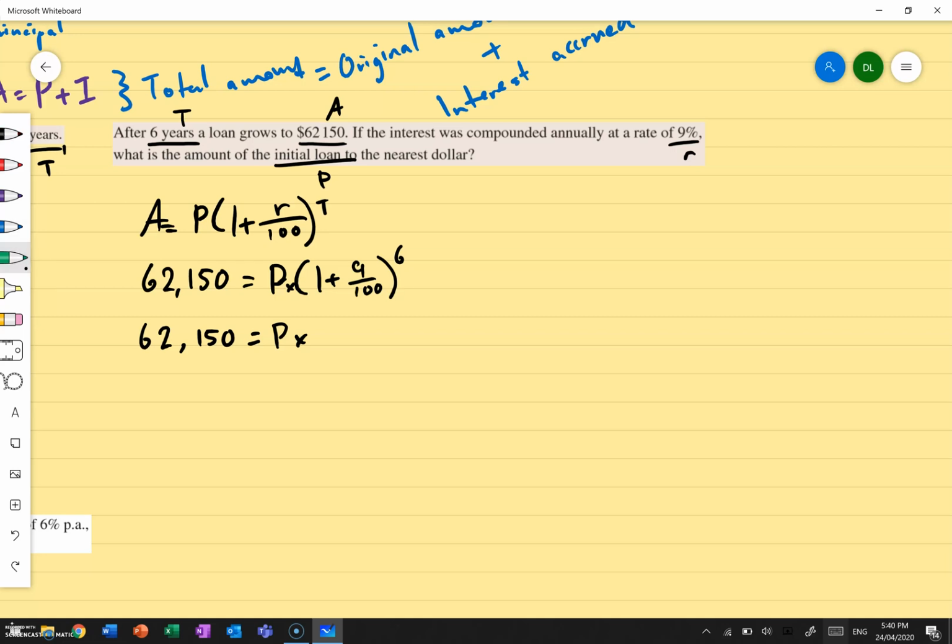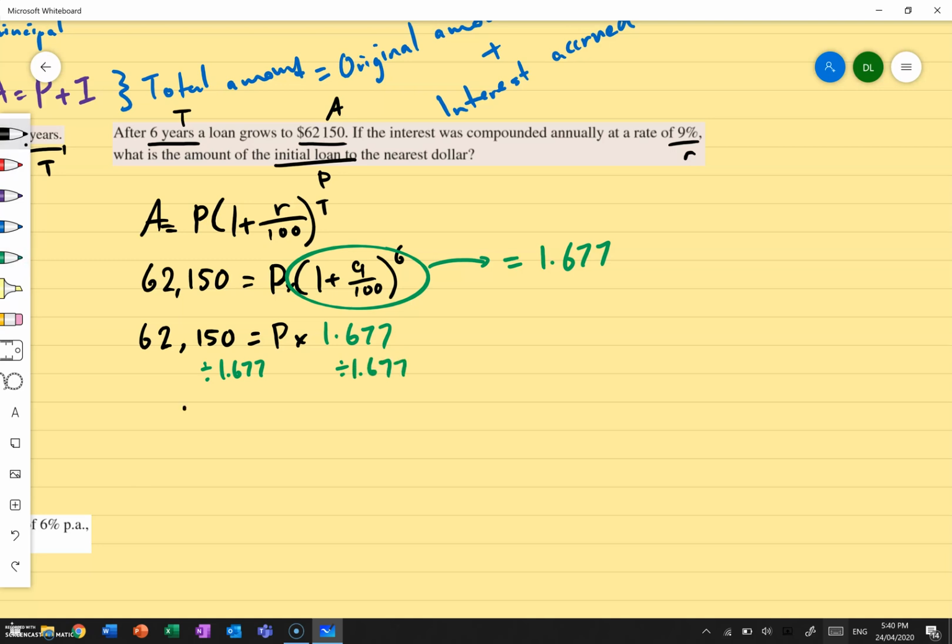So just this part here is equal to 1.677. And so I can write that 1.677 here.